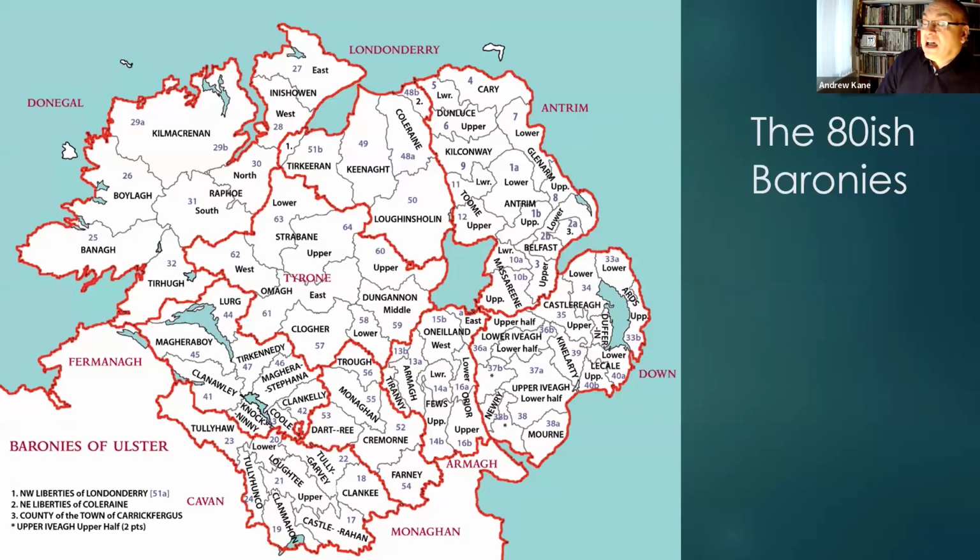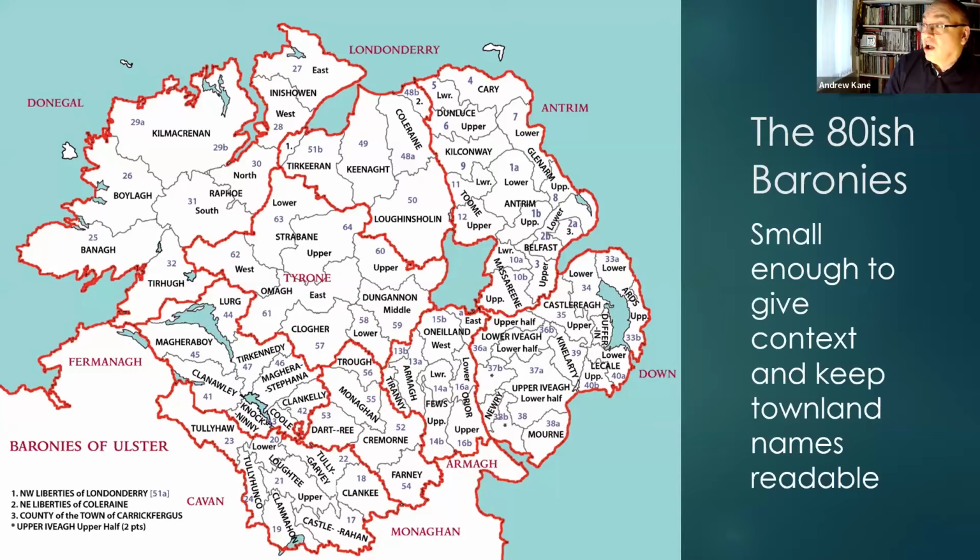So baronies are a now obsolete administrative breakdown. They were really a subdivision of a county, and there are 81 divisions that I have used in the book. Now, they're not all, strictly speaking, baronies in the letter of the law. Some of them are half baronies.